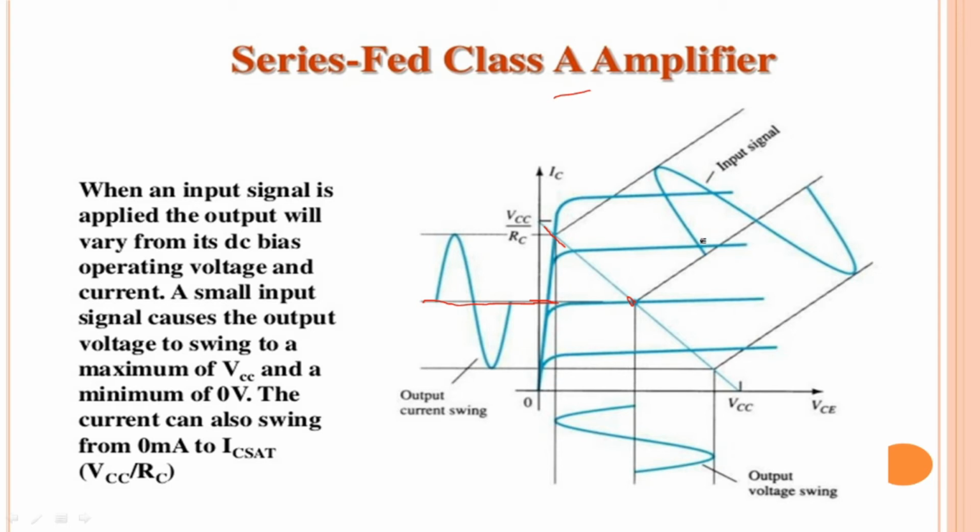Because our transistor conducts continuously in active mode, so a very high collector current flows in the transistor. Due to that, a very high power is dissipated in the transistor in the form of heat. Power dissipation is more, which means the efficiency of this type of amplifier is very low, just 25%.